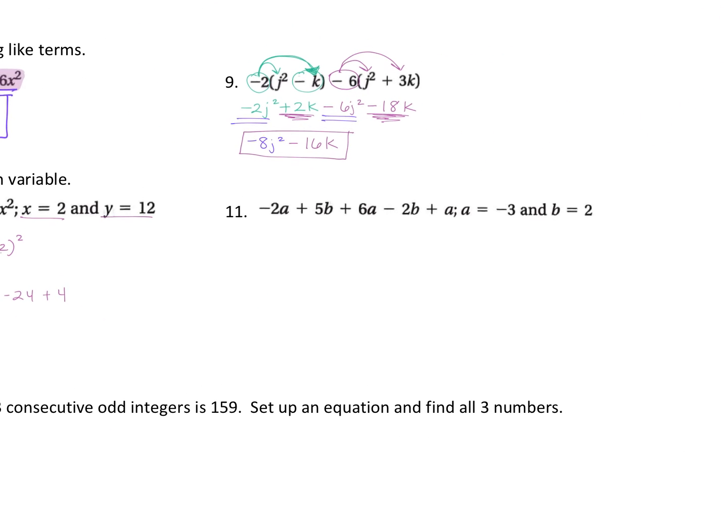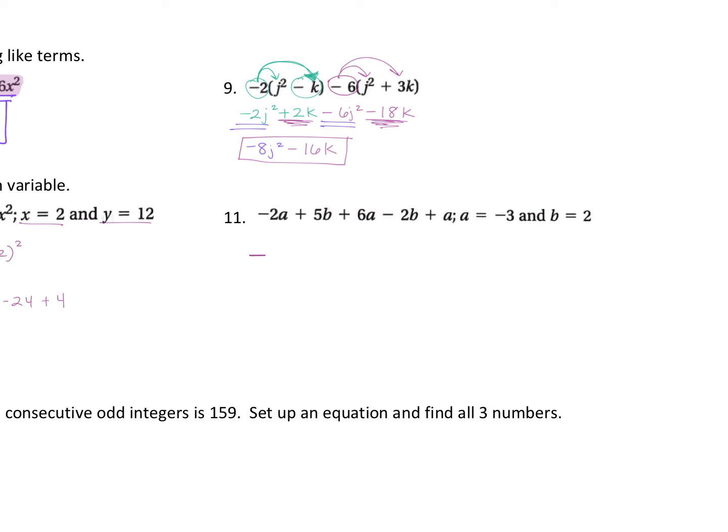Okay, number 11. So let's lay this out. This is negative 2 times -3 plus 5 times 2 plus 6 times -3 minus 2 times 2. What do you do first? There's nothing to distribute.